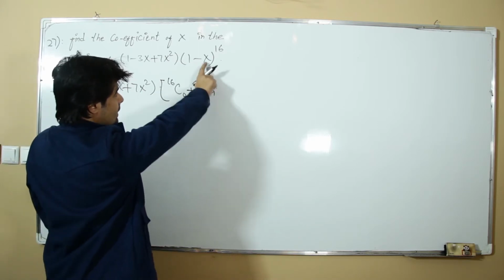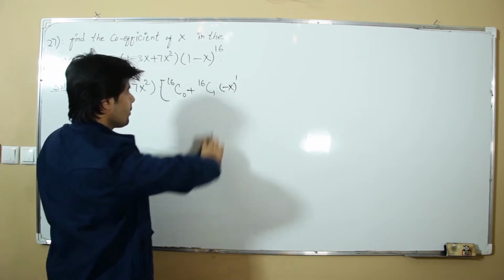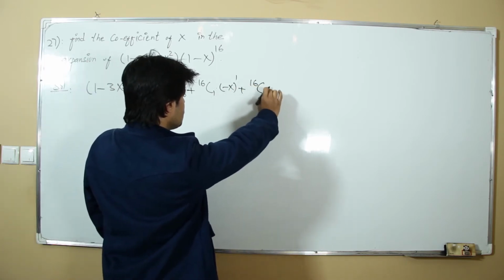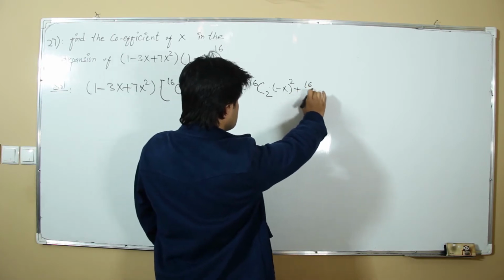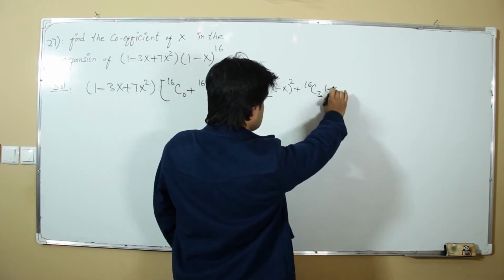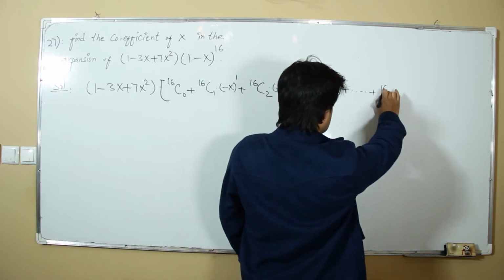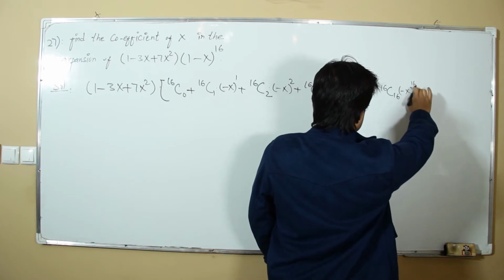And increase the power of the next term. The next term is minus x raised to the power 1. The next one, it is 16C2 minus x raised to the power 2. The next one, 16C3 minus x raised to the power 3. Up to the end one, 16C16 minus x raised to the power 16.